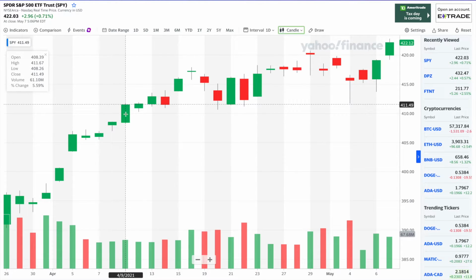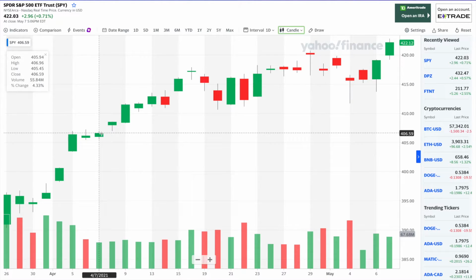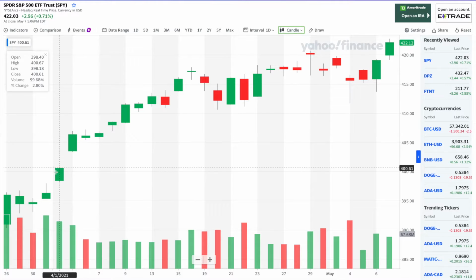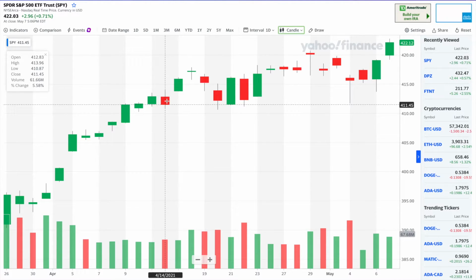I'm just going to go to this green candle right here as an example. This green candle is green because we closed at a higher price than the previous day, and you can see every time we had an increase in price, we got a green candle, and anytime we have a red candle, that means it closed lower than the previous day.